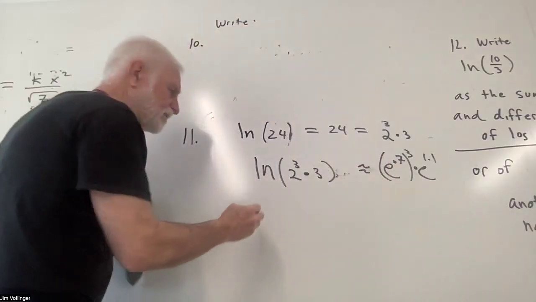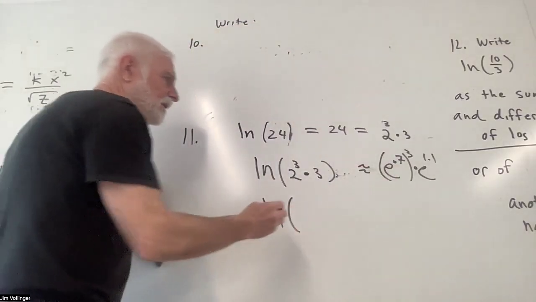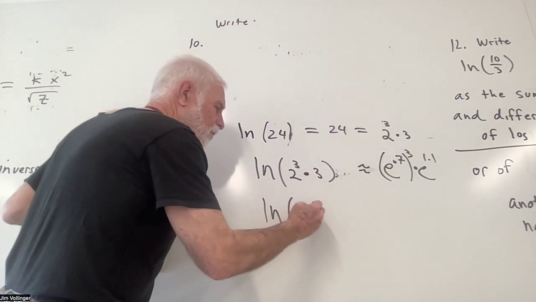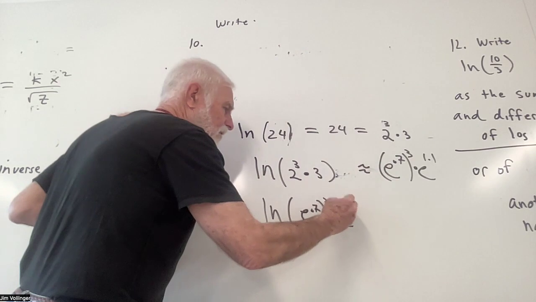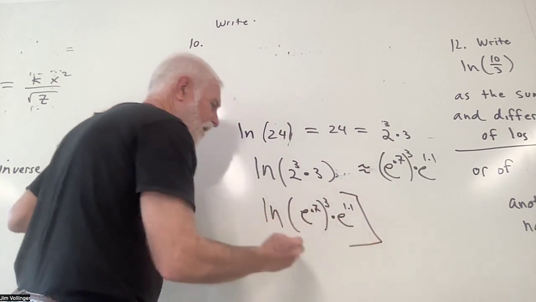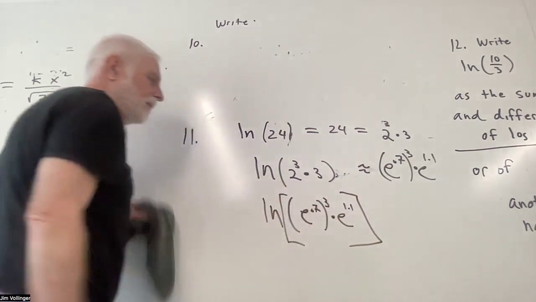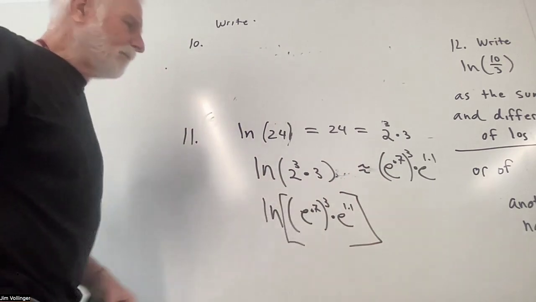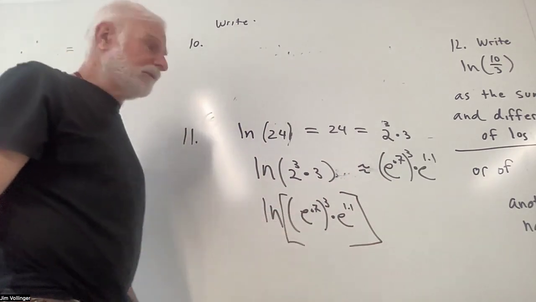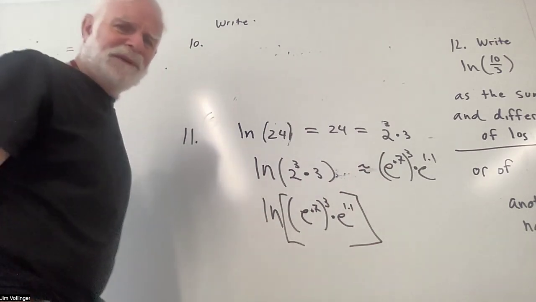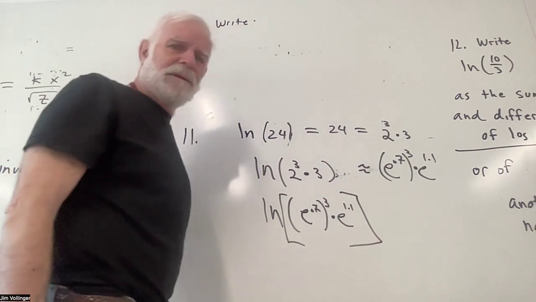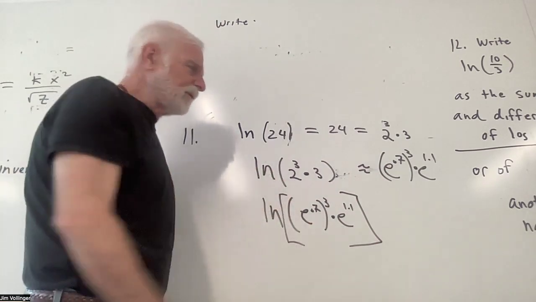So now I change this to the ln of e to the 0.7 cubed times e to the 1.1, and I need brackets around that. Thank you, Professor Flynn. I think I was improperly writing this for many years, unfortunately. I wish I could retract. Not a big mistake. Other people didn't catch up on it either, but Professor Flynn did.